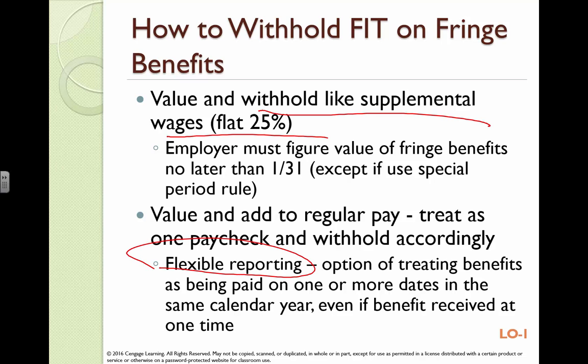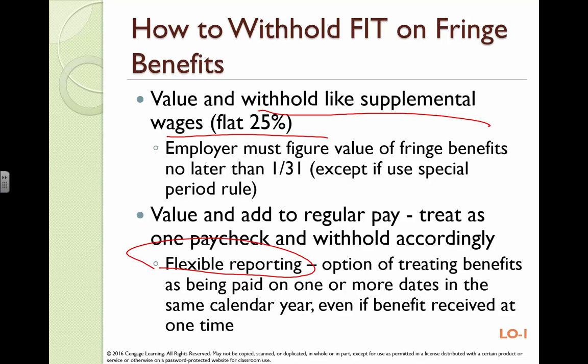You can treat the benefits as being paid on one or more dates in the same calendar year. So I'm going to take that 70 grand, divide it by my 24 paychecks in a year, and tack that amount on to each check before you figure out the taxes. Because if you put 70 grand all in one check, you're obviously going to pay a whole lot of income tax.